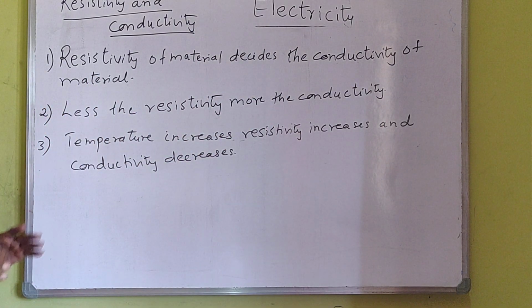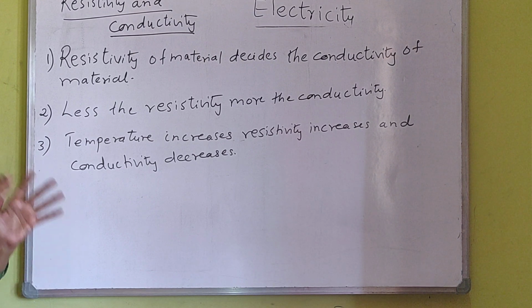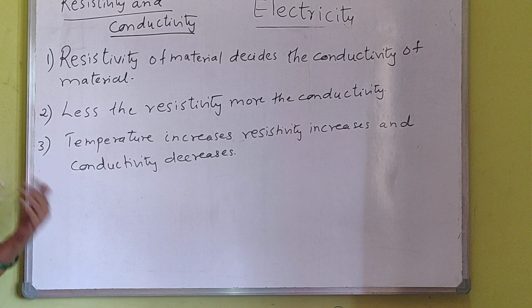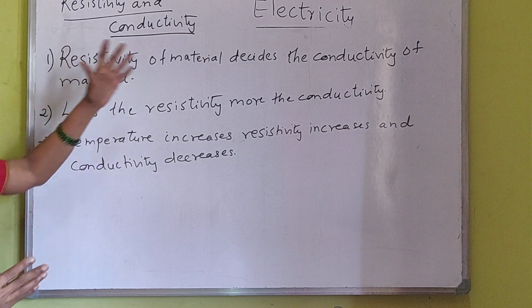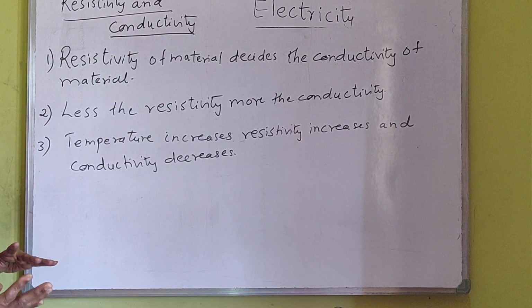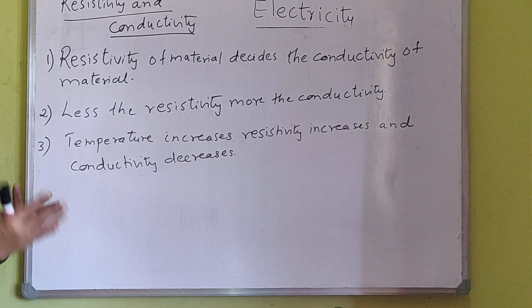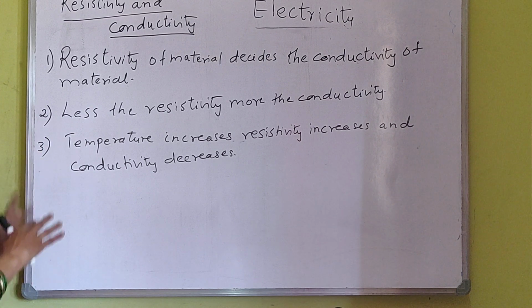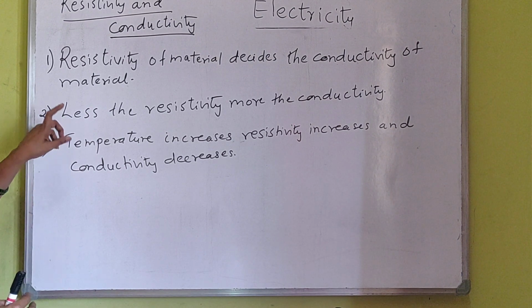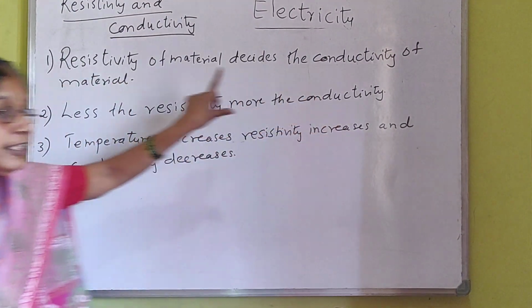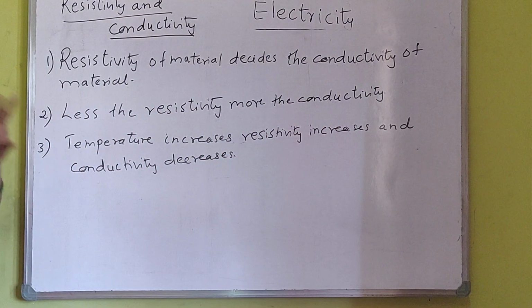We know that each metal or alloy has different valence electrons. Depending upon these valence electrons, the resistivity and conductivity also depend. More valence electrons, more resistivity; fewer valence electrons, less resistivity. If the resistivity becomes less, the conductivity will be more, meaning it will be called a good conductor.